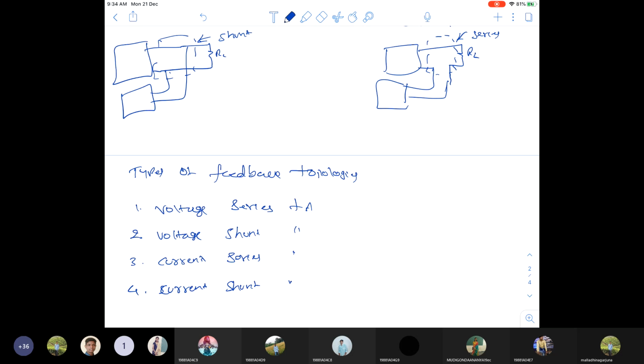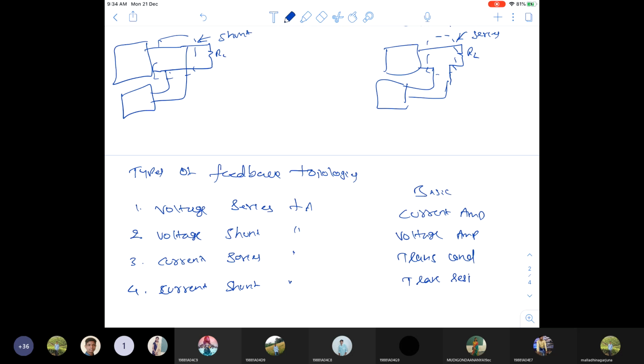Some basic amplifiers we also have four: current amplifier, voltage amplifier, transconductance amplifier, and trans resistance amplifier.